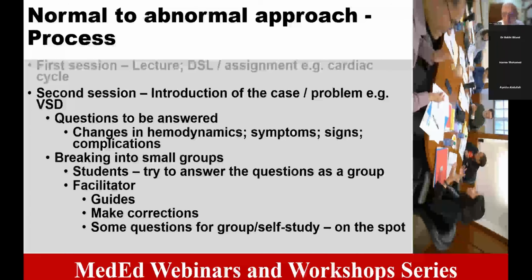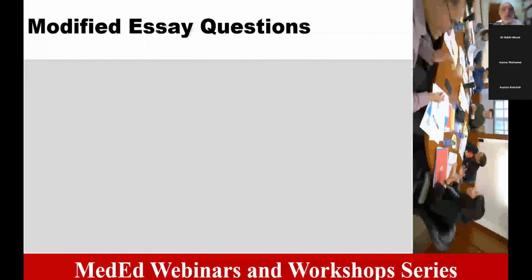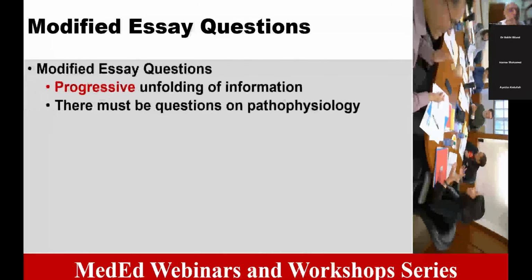All right, let's move on to the second, which is modified essay questions. If you are not familiar with the modified essay question, I have shared one MEQ previously in the group just to make you familiar with it. In that example, you see a progressive unfolding of information.